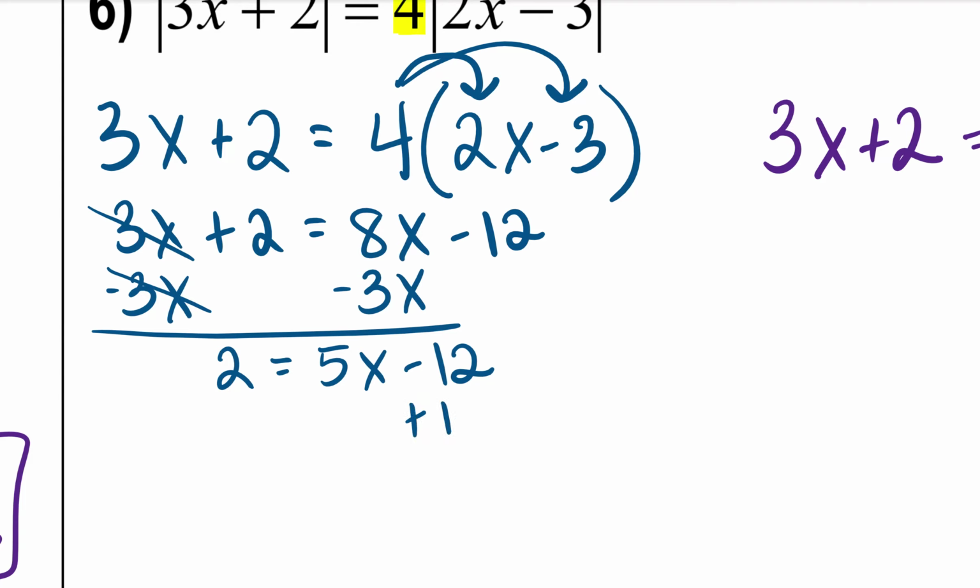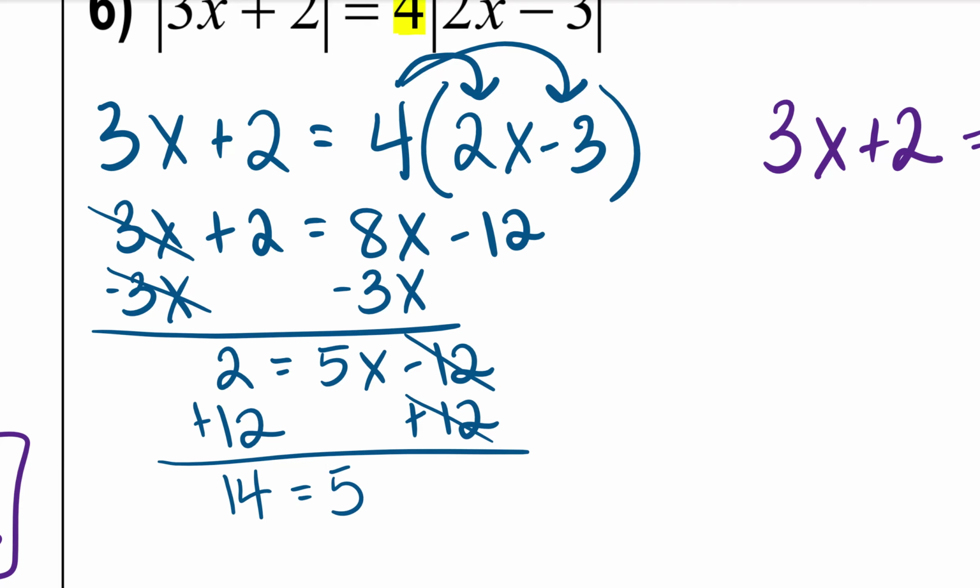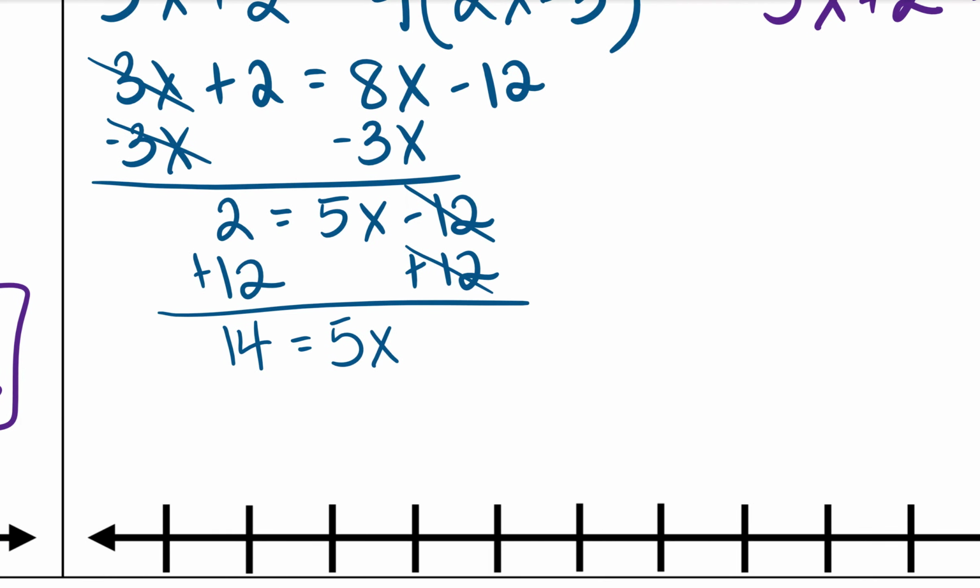Add 12. And divide. So divide by 5. Now that doesn't divide evenly, so we just leave it, right? So I have 14 over 5. That's one of my x's.